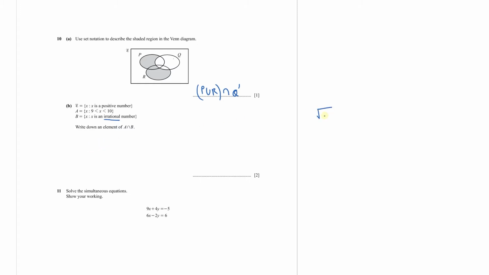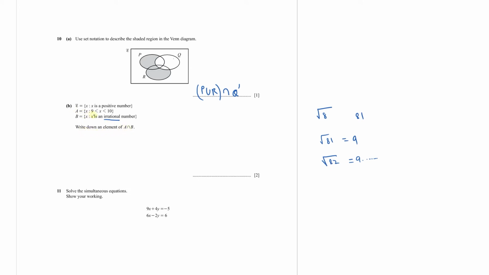For example, 81 is a perfect square, because if I take its square root, I get 9. But if I take the square root of 82, 82 is not a perfect square, so the square root is 9 point something, and this number cannot be represented as a fraction. So write down an element of A intersection B.